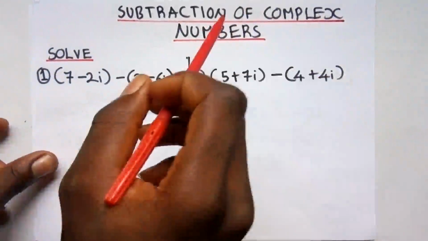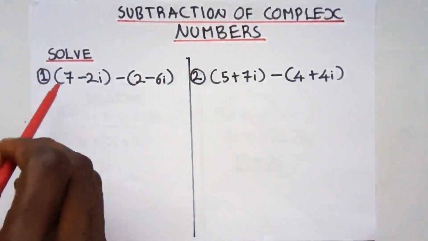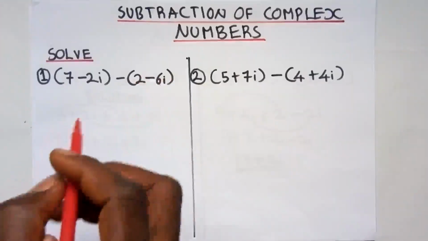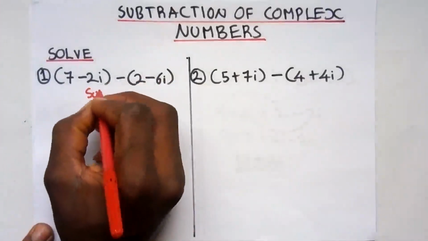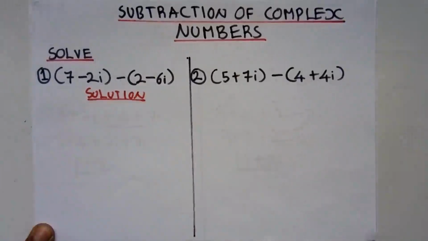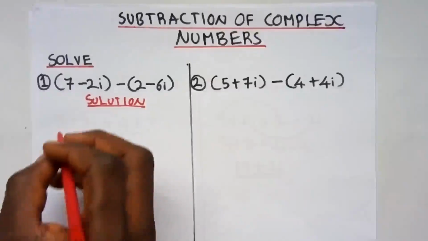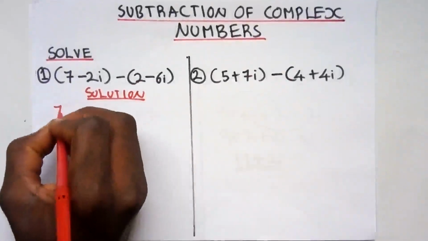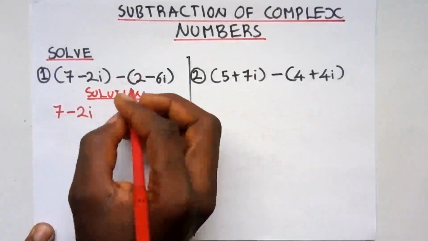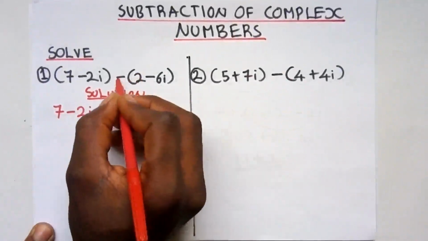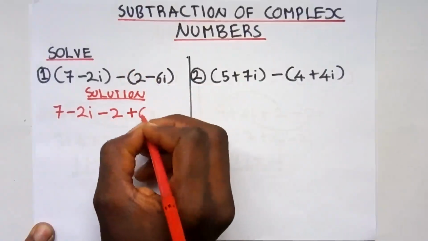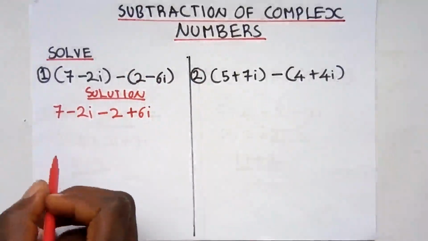Subtraction of complex numbers. Solve (7 minus 2i) minus (2 minus 6i). Look at the way we subtract in complex numbers. Open the bracket. 7 minus 2i, minus 2, minus multiplied by minus gives us plus 6i. Take like terms.